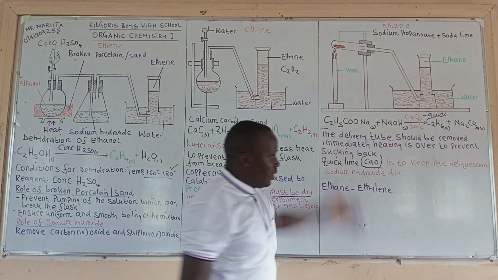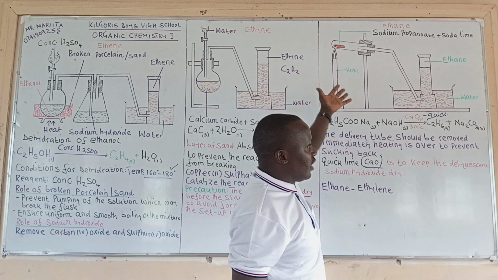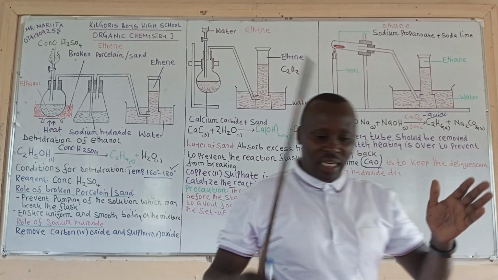We have various other methods which can be used for the preparation of this gas. The first one, as you can see, is heating a mixture of sodium propanoate and soda lime.